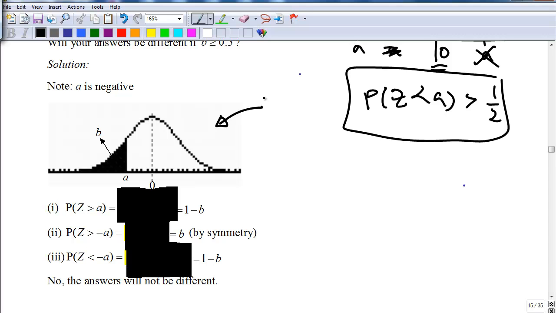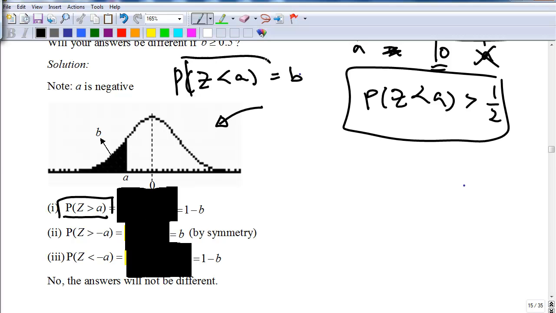Now what you have been given is probability Z less than A equals B. Then all I need to do is to say that Z bigger than A is actually the complement of Z less than A. So I can use the complementary rule to write this out: 1 minus probability Z less than or equal to A must be 1 minus B.